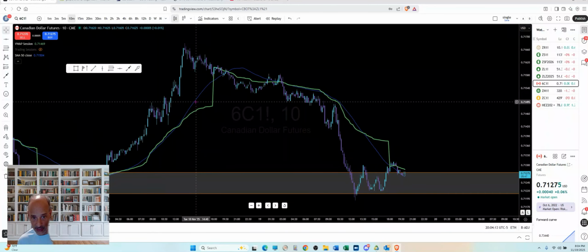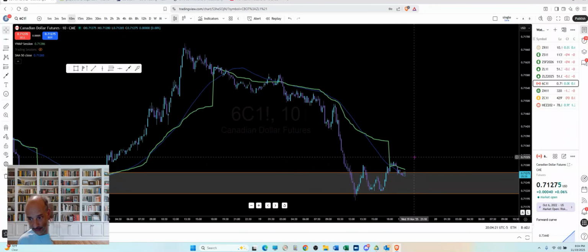Now, usually on uptrends, the 50 is on top. So if these rotate and turn back up, then the 50 would be in the right spot to have long positions. Okay, so we'll see what this does during the overnight.